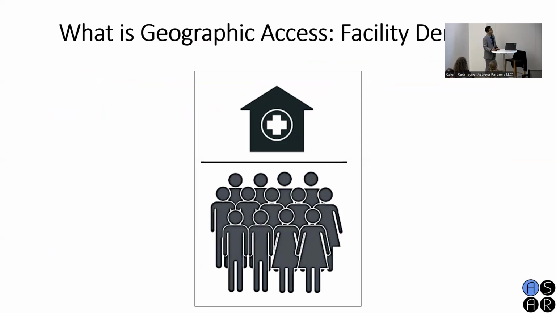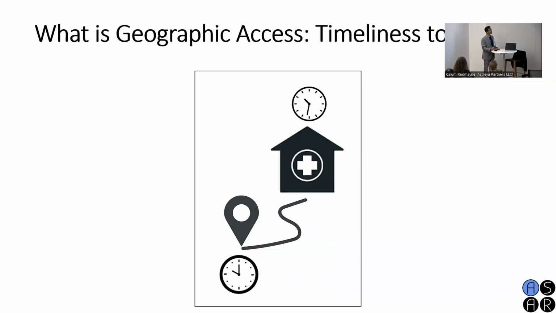All right. There are multiple ways in which one can define access. One way, which is the more conventional way, is to look at something called facility density, the number of facilities per 1,000 or 10,000 people. This is the kind of data that's usually available in a lot of countries and that ministries and local health departments use for decision making.